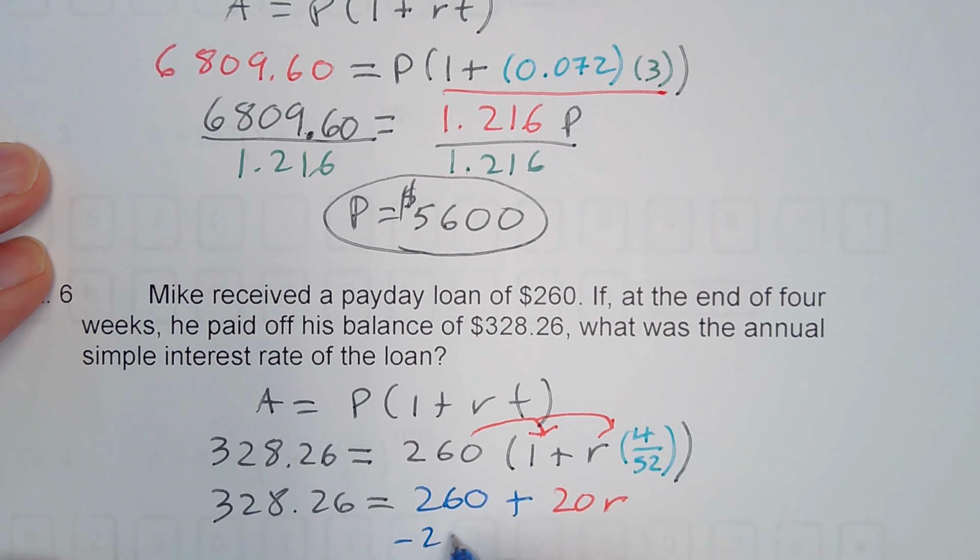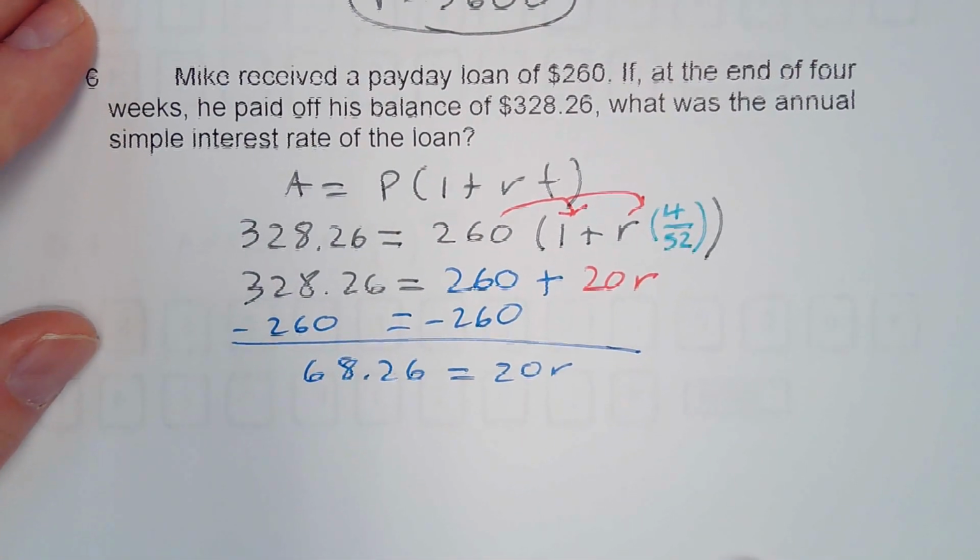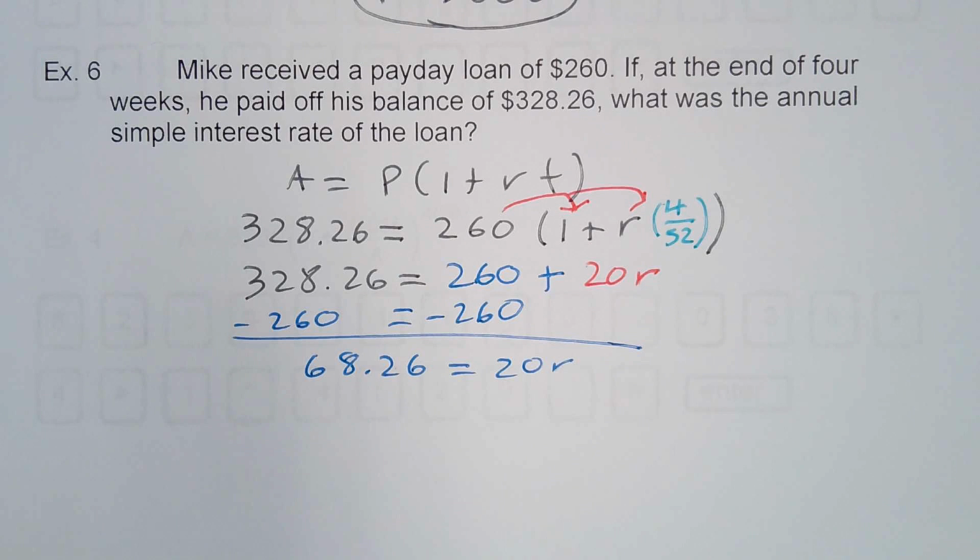We'll subtract 260 from both sides. So we do that, it gives us $68.26 equals 20r. And then we're going to divide by 20.